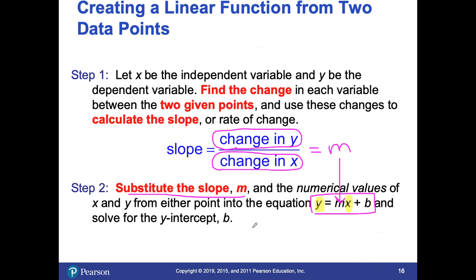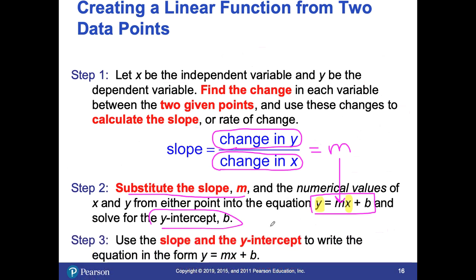Once you do that, you're going to be able to solve for the y-intercept b, and you'll pretty much have everything you need. Because once you have your slope and your y-intercept b, you finally have the equation of the linear model, which once again is y equals mx plus b.